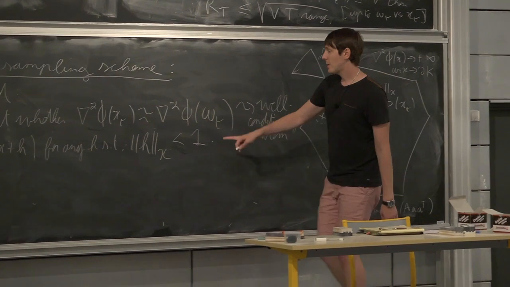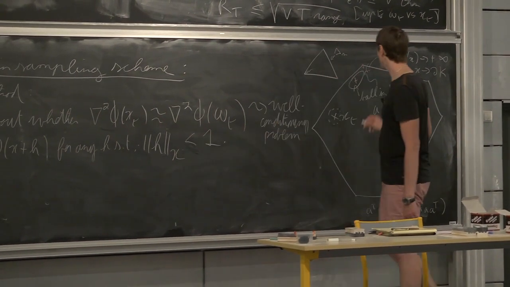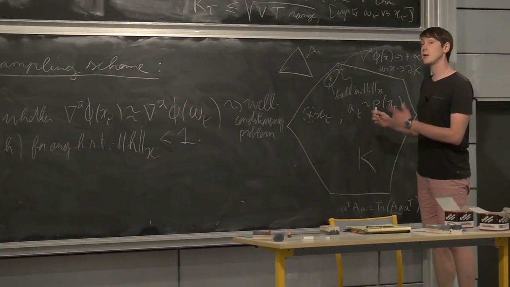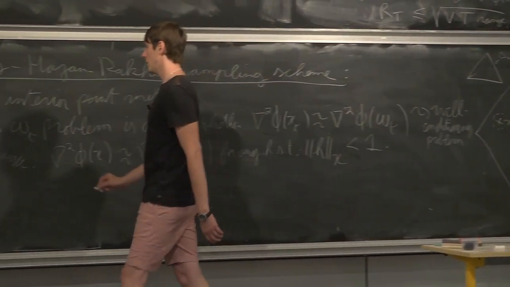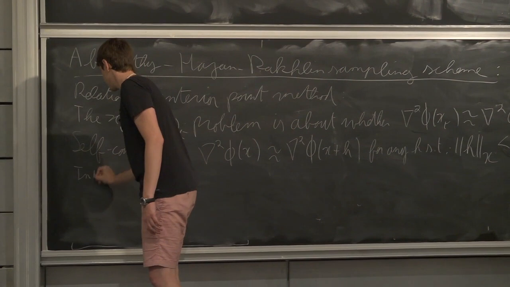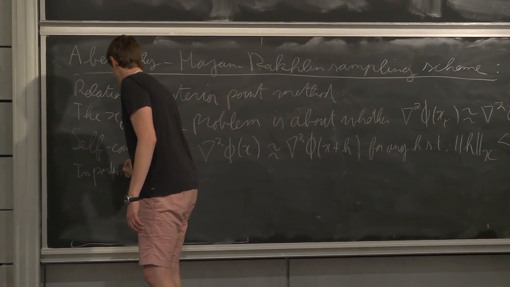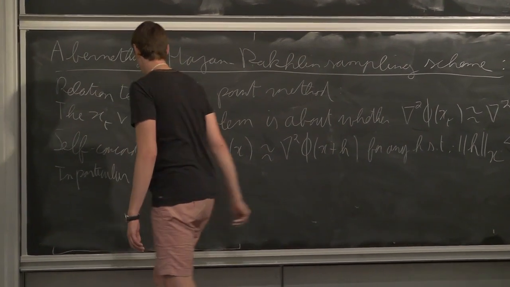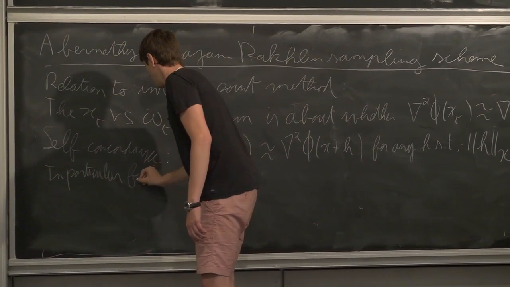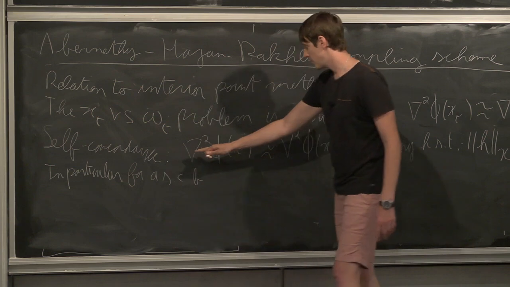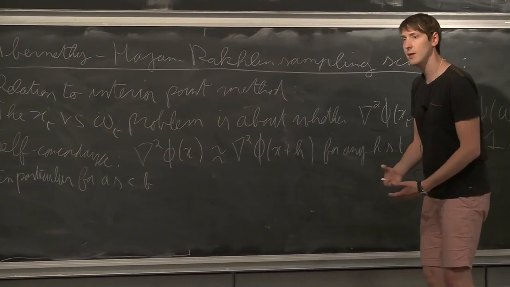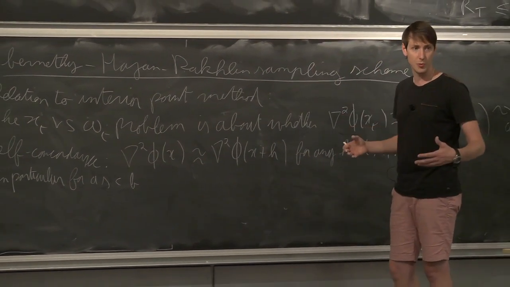Okay, but in particular, what do we get out of this? In particular, we get that this type of ball is included in the body, for a self-concordant barrier. So what is a self-concordant barrier? It's a function which verifies this and which blows up to infinity at the boundary.